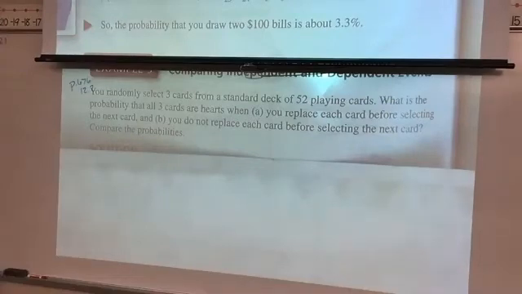Wait, so there's 13 of each color card? Oh, yeah. Of each suit, yeah. 13. We don't really need 3. And that'd be 12 out of 51.